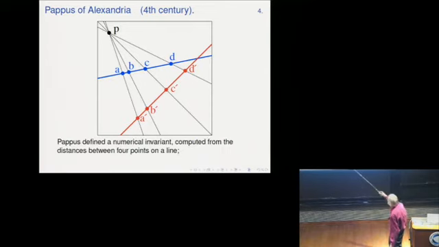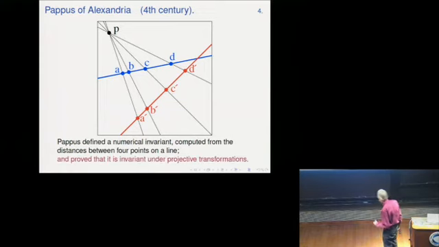Just so, you take the blue line, we have four points A, B, C, D. Given the distances from A to B, B to C, and C to D, he constructed a rational number as an invariant and proved that it's invariant under projective transformation. So even though the proportions between distances are quite different, he proved that this invariant is the same for the blue points and the red points.